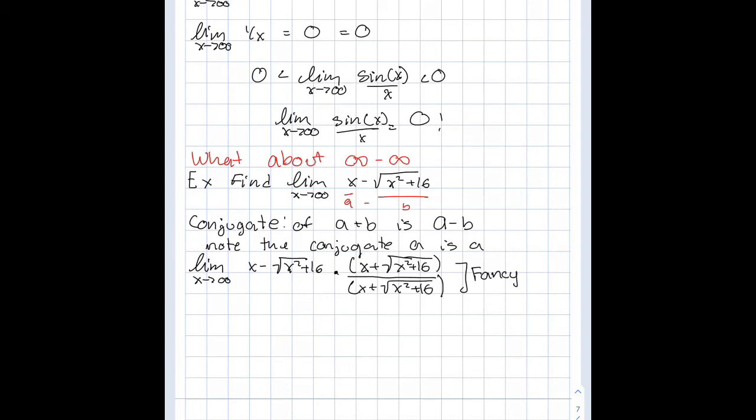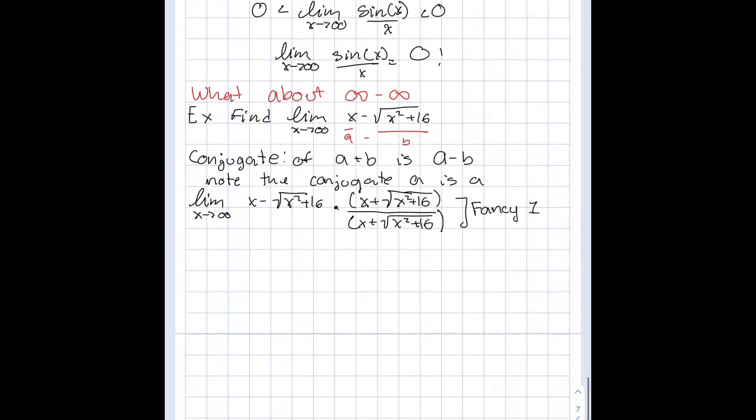Conjugates also have the property of difference of squares. If you're not familiar with it, I really suggest refreshing yourselves. We don't have time to go over it. But when I have a plus b times a minus b, I get a squared minus b squared. So that's going to be x squared minus the square root of x squared plus 16, squared, over this hoopla on the bottom.